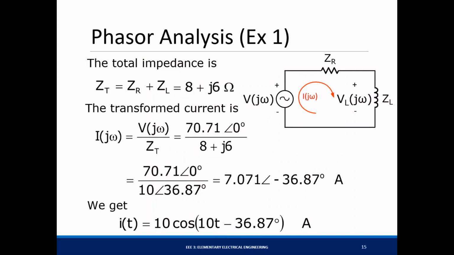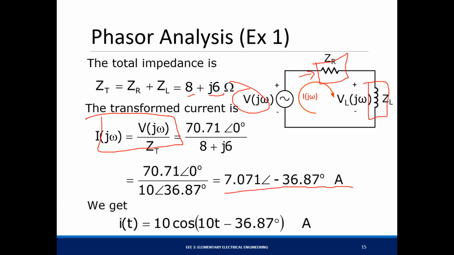Okay, so now the total impedance in this circuit here is just the sum of the impedance of this resistor and this inductor. So that's 8 plus j6. And you can solve for the current by basically getting the voltage here divided by the total impedance here. So that is this expression right here, and it results in this quantity.